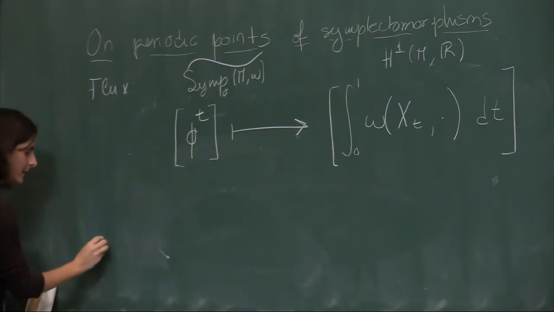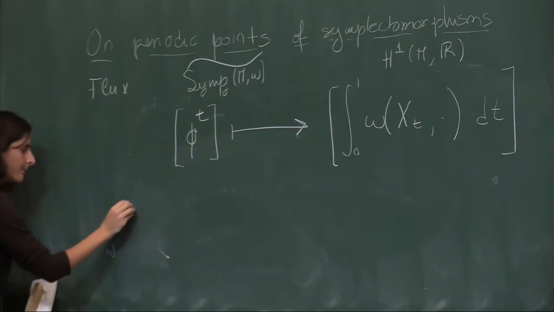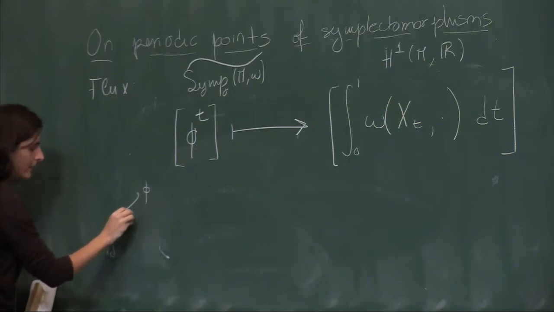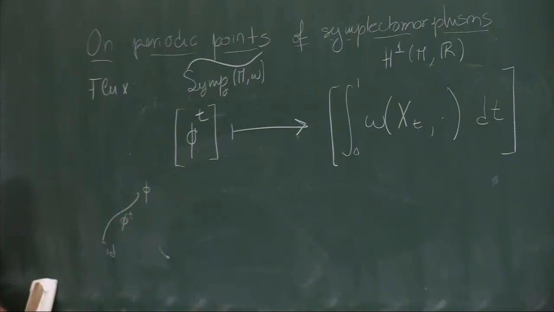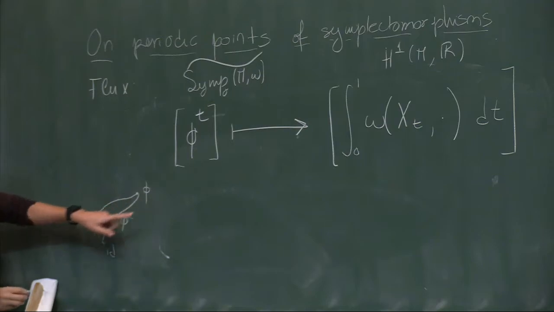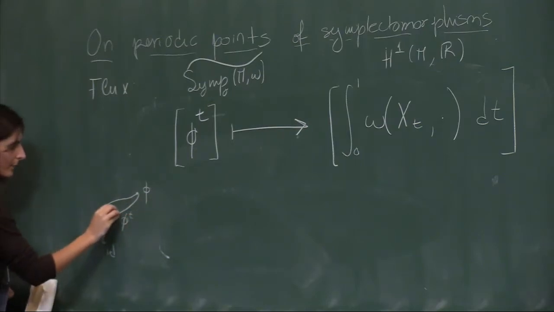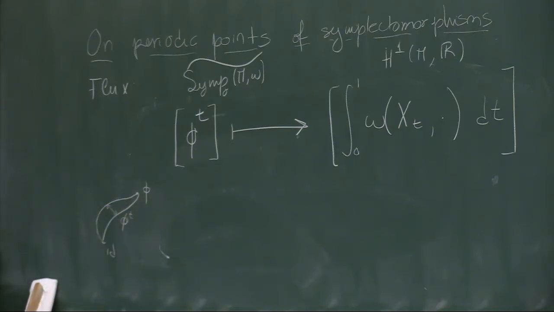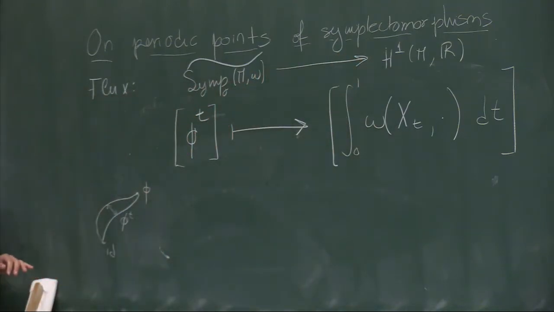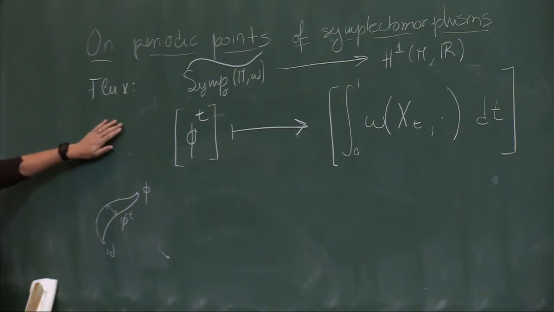I have this phi_t connecting the identity to phi, and the class is the class of the psi_t's connecting the identity to phi which are homotopic to this phi_t. So this is a map from here to here. It's a homomorphism.